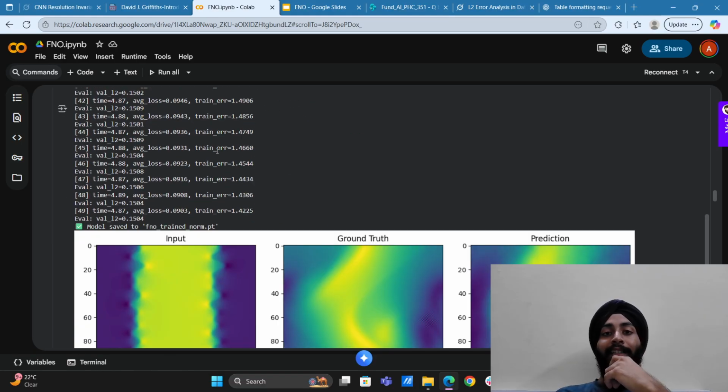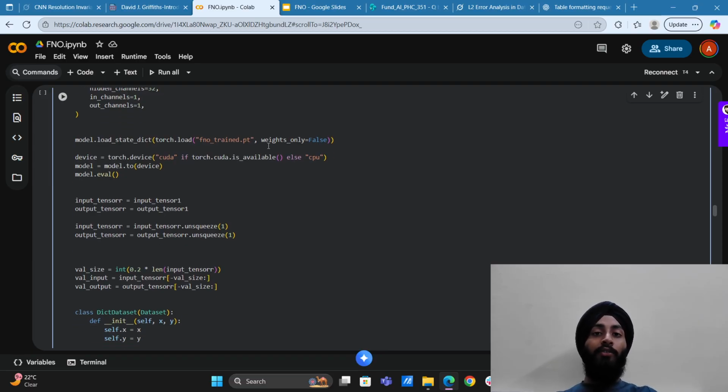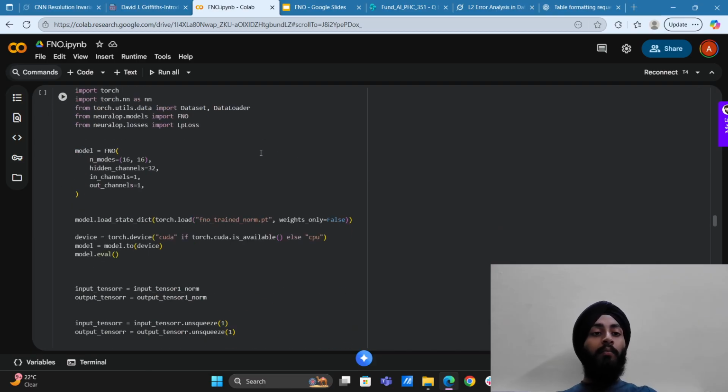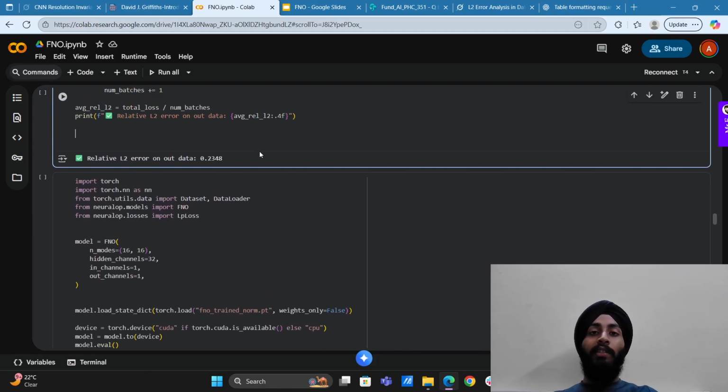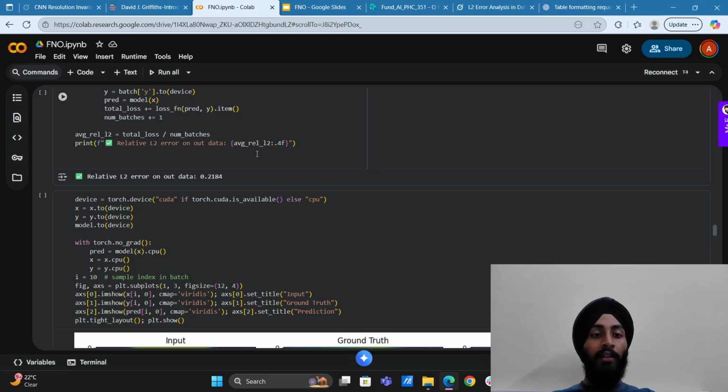Whereas now I will be testing this model on 64 cross 64 in distribution and 64 cross 64 out distribution. We have seen that it performed well on 128 cross 128 out distribution as well, but it might not perform well on 64 cross 64 in and out distributions. But we'll see that is not the case, and the FNO performs well on that as well.